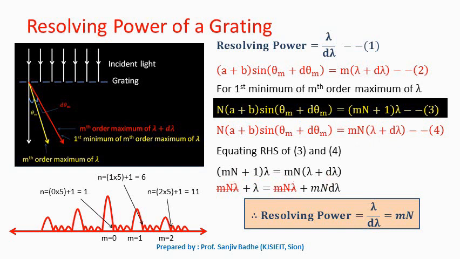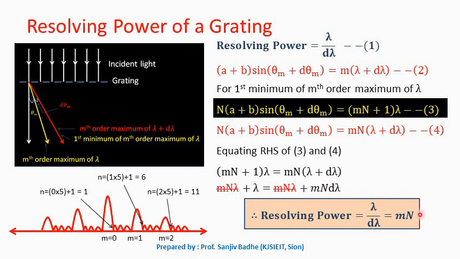Multiplying this lambda by mN and 1, we get mN into lambda plus lambda. So this mN lambda will get cancelled and we will be left with lambda equal to mN d lambda, and now the ratio lambda upon d lambda, which is nothing but the resolving power of a grating, is m into N.